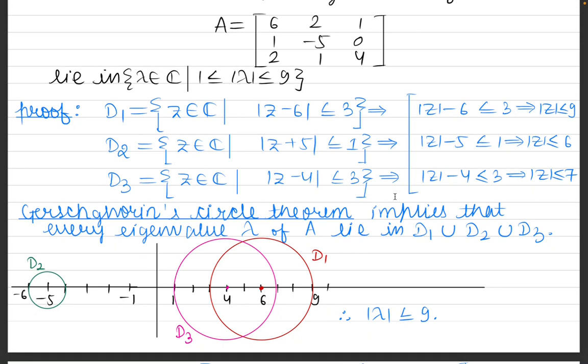So if you draw, the first disk is centered at 6 with radius 3, so it will go till here.